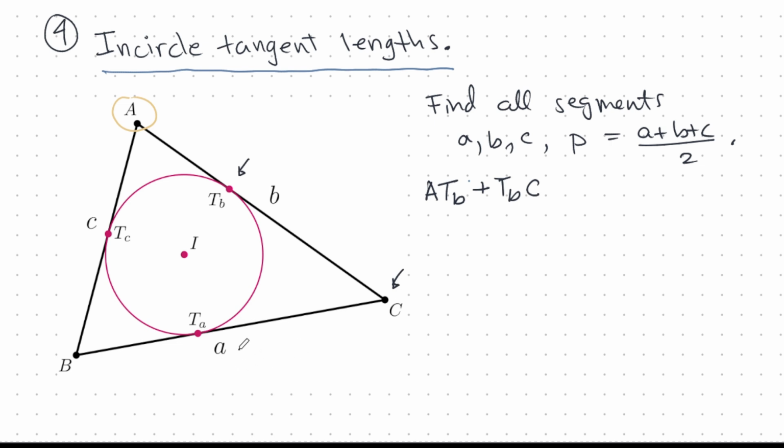We're going to go around now to the next one, plus CTA plus TAB, there, we're over here now, plus TAB plus BTC, so now we're here, and then finally plus TCA. Well, this has to be the one perimeter, and that's 2P because P is the semi-perimeter.